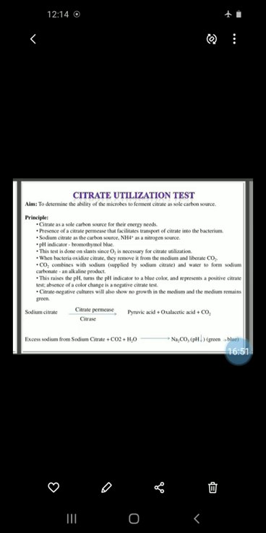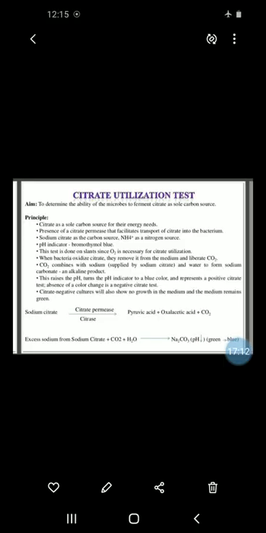The pH indicator used in this test is bromothymol blue. This test is done on a slant since oxygen, that is O2, is necessary for citrate utilization.